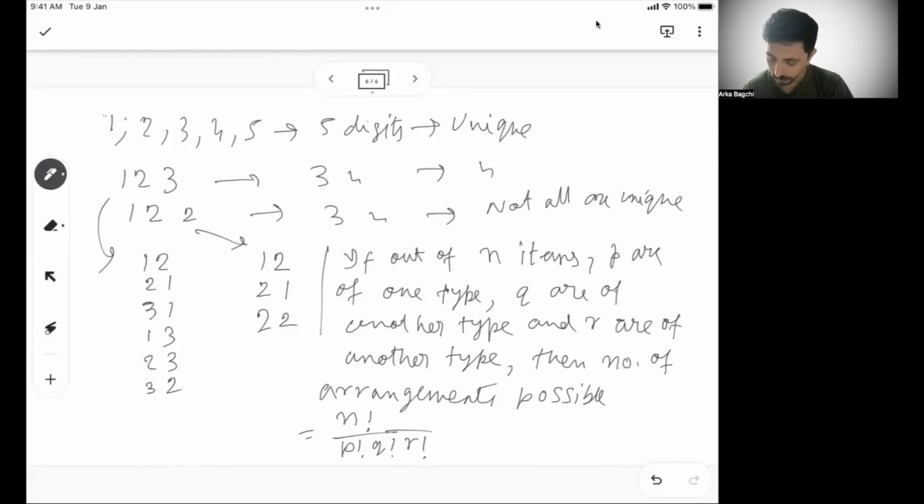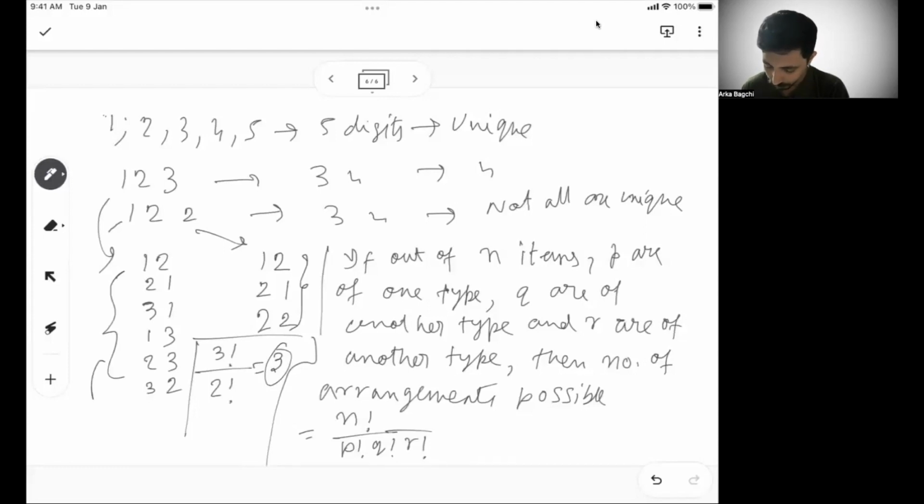So in this case, you have 3 digits. So what we were doing here is factorial 3, but 2 of them are of a certain type, so divided by factorial 2. So factorial 3 by factorial 2, you get 3 as an answer, which is this 3.